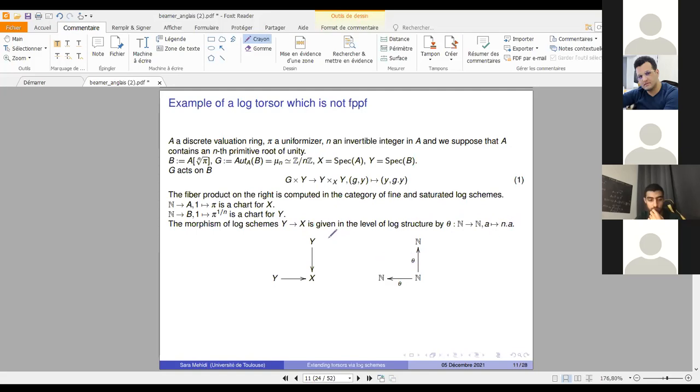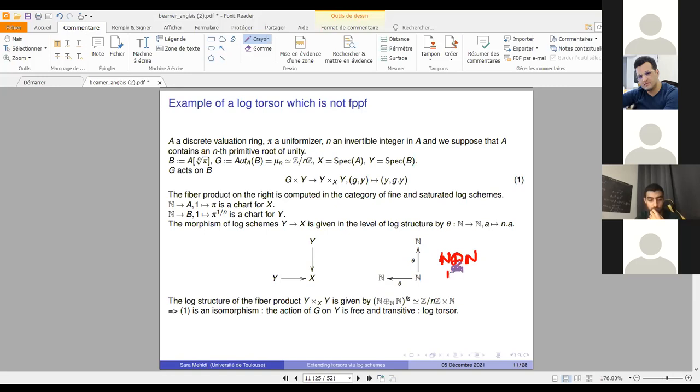And now I want to compute this fiber product in the category of log schemes. At the level of log structures, I need to compute the pushout of these monoids, or what we also write as the amalgamated sum. Here, this pushout, which I write like this.